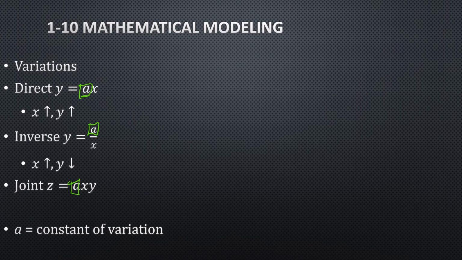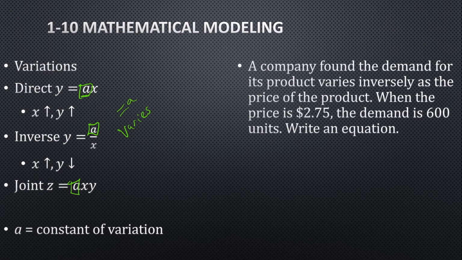If you're reading a problem and it says something varies, that indicates you're going to put that thing equals a. So a company found the demand for its product varies inversely as the price of the product. What varies? The demand varies. So D equals a, inversely, so we're dividing, by the price.